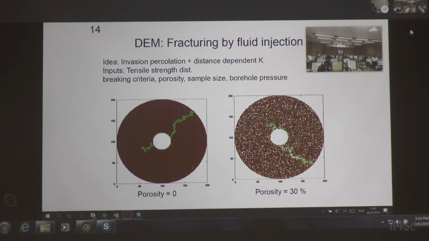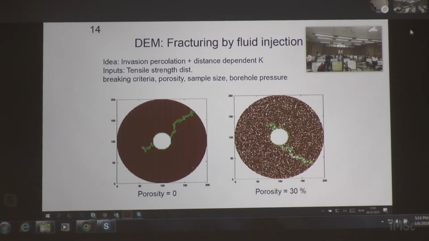Here are 2 examples, one with porosity 0. If we don't allow any initial porosity, just a compact rock, and we run our simulation, we can see that the fracture opens up and there are 2 branches, one main branch going in one direction and another branch in the opposite direction.